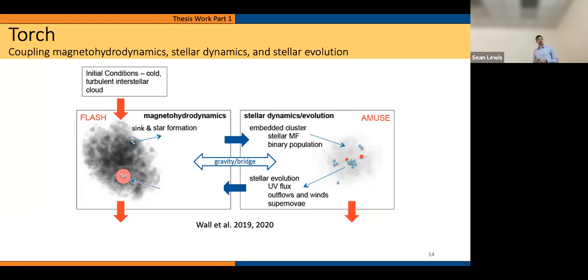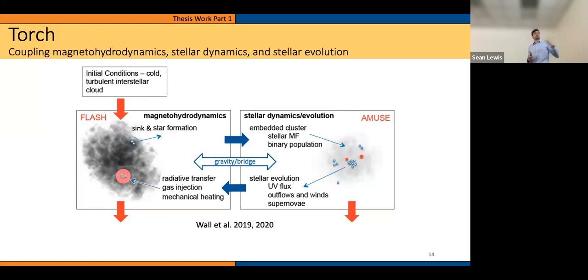And AMUSE also handles the stellar evolution of the stars. So especially for the massive stars that are emitting feedback mechanisms like ionization and stellar winds, those processes change over the lifetime of a star. And AMUSE handles the modeling of that change, including things like supernovae. So those stars eventually will die and detonate as supernovae, and AMUSE handles that.